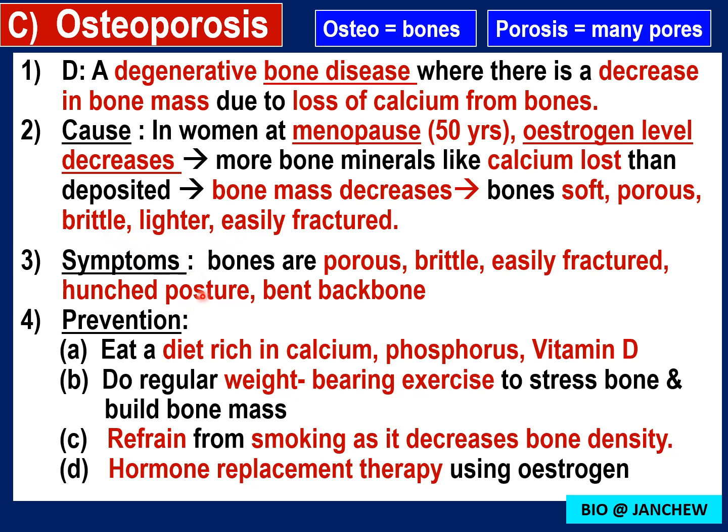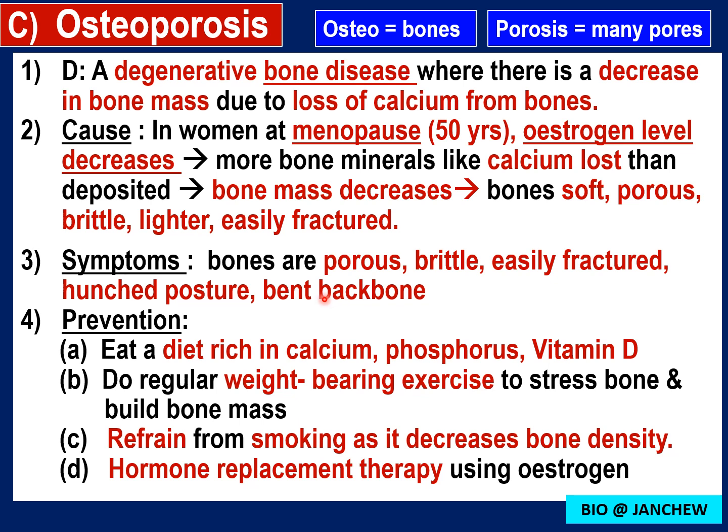Okay. Symptoms are bones that are porous, brittle, easily fractured, and the person may have a hunched posture and a bent backbone. Why is that so? Think for a moment. Okay, so in the backbone, there are vertebrae, which are small bones to support the back of the body.